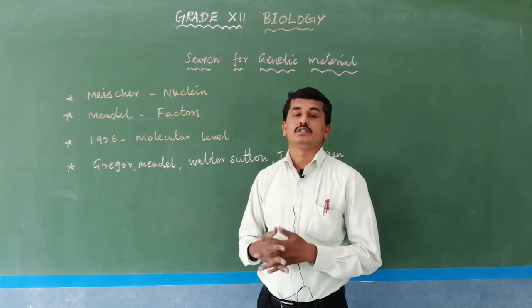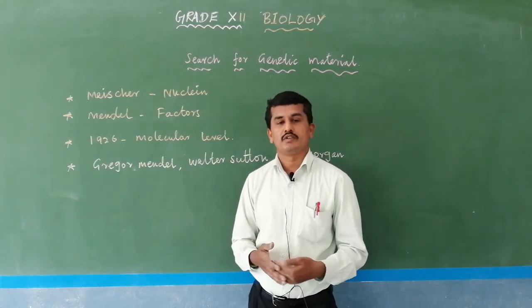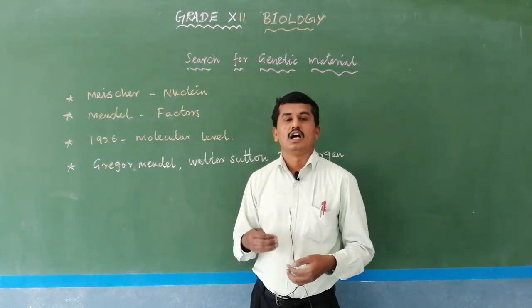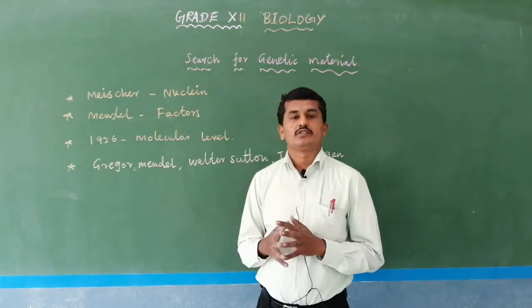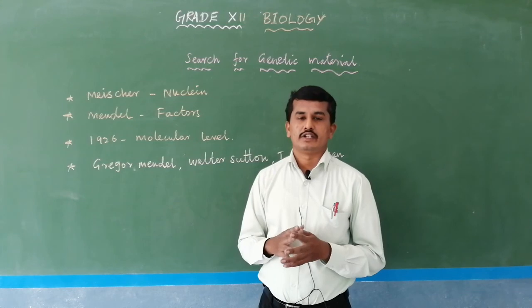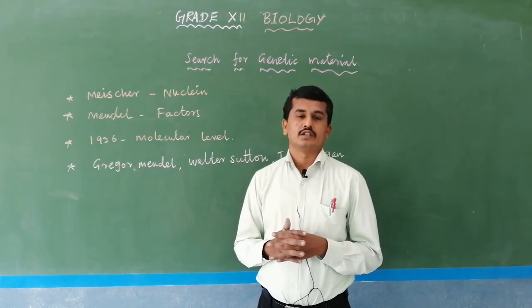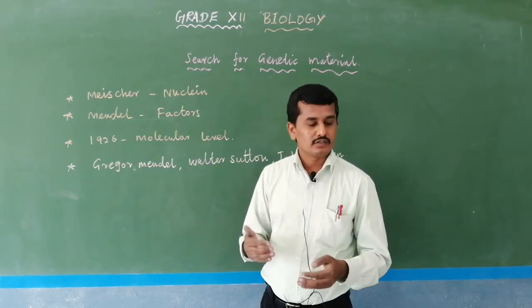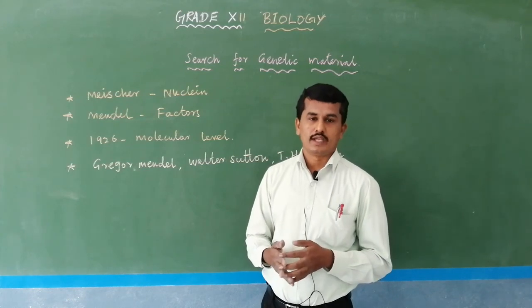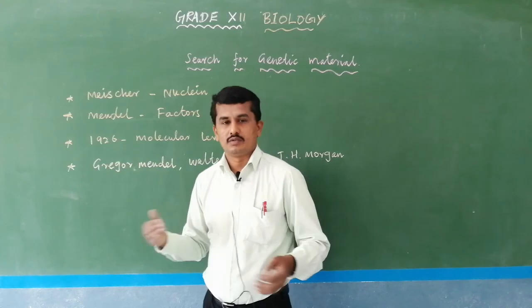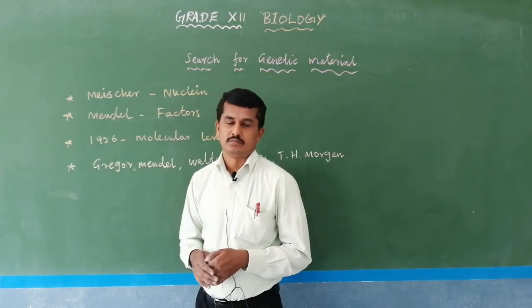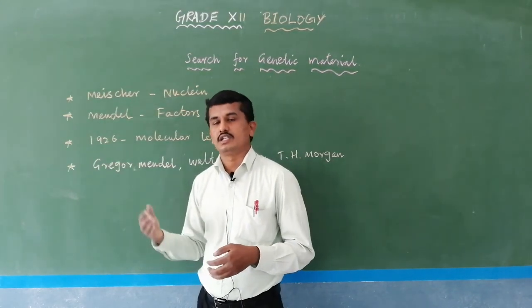So various scientists performed various research, and after some experiments, they concluded that DNA is the genetic material in the majority of organisms. Next, how the research moved on. The first research, the transforming principle, is the first research material we will see.